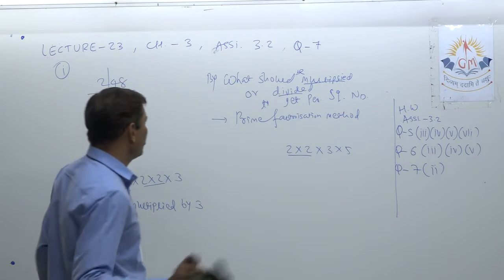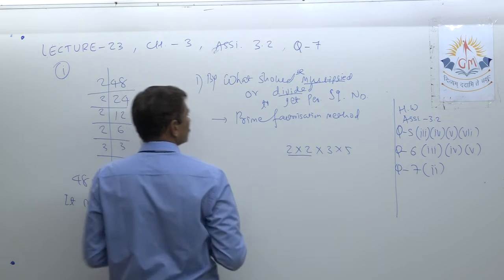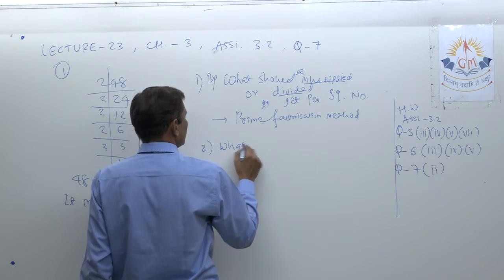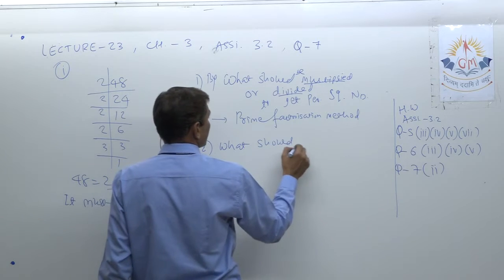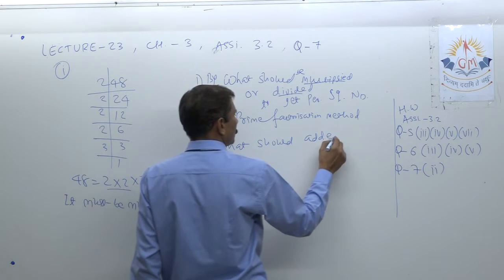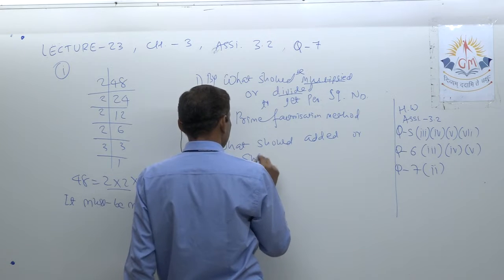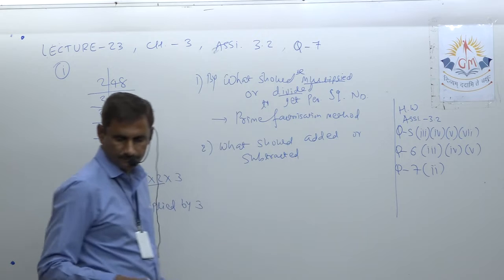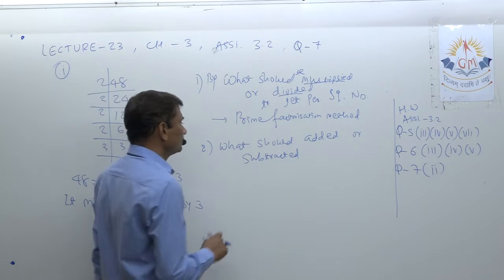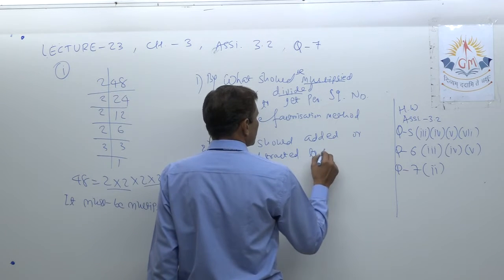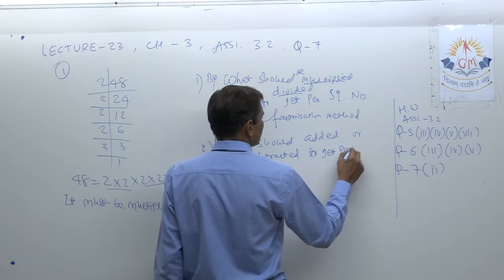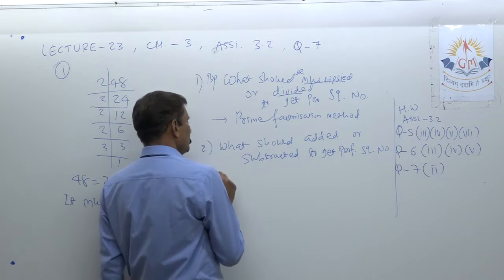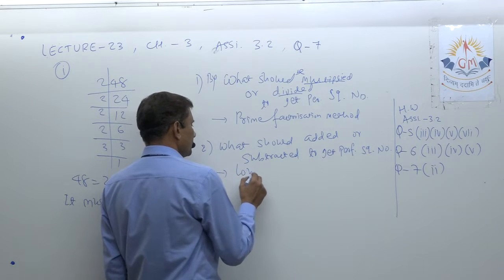But if you are given by what should be added or subtracted, what should be added or subtracted to get a perfect square, then actually here the long division method is required.